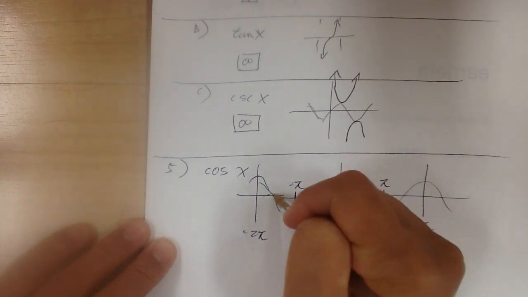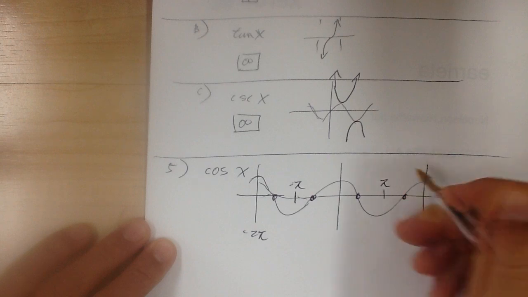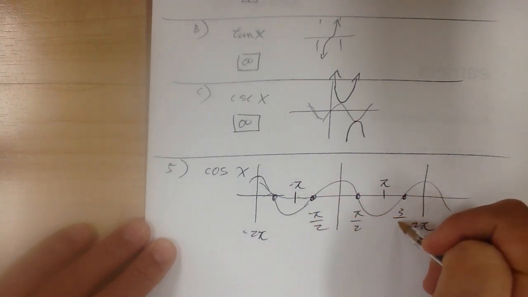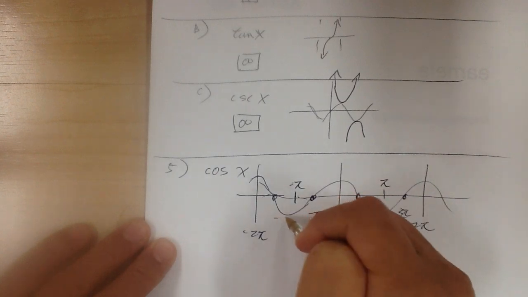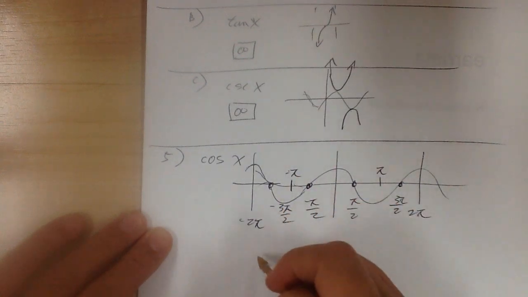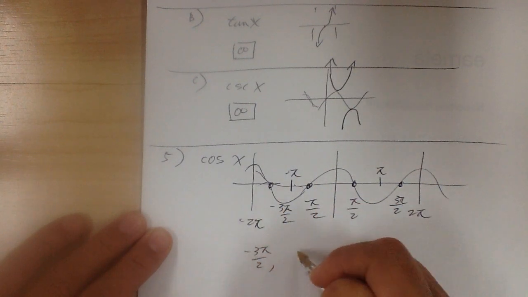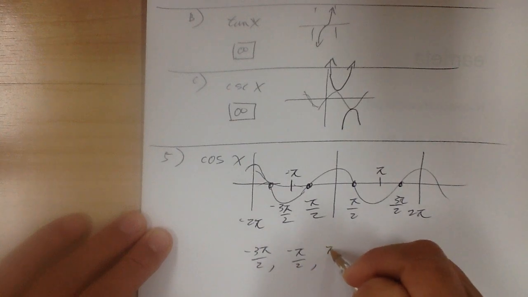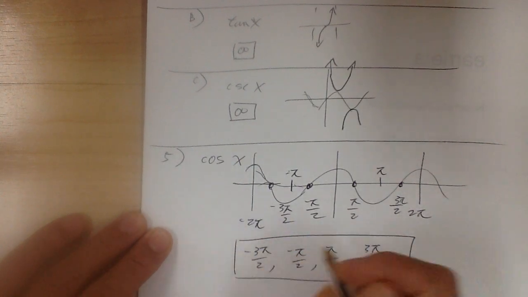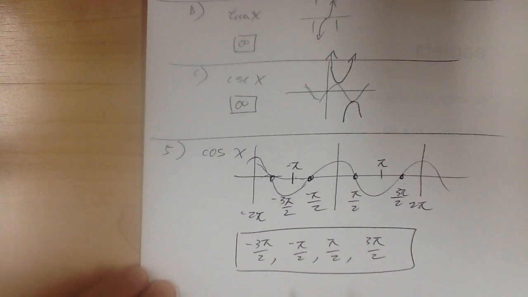So the intercepts are these points right over here. It'd be pi over 2, negative pi over 2, 3 pi over 2, and negative 3 pi over 2. So those are your intercepts: negative 3 pi over 2, negative pi over 2, pi over 2, and 3 pi over 2.